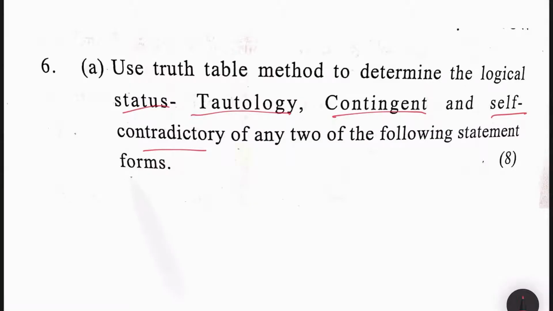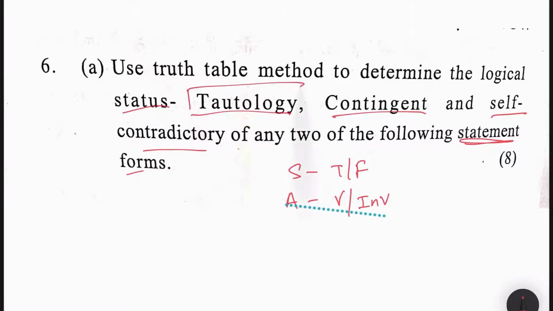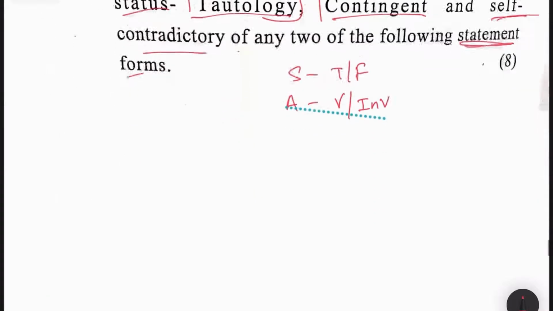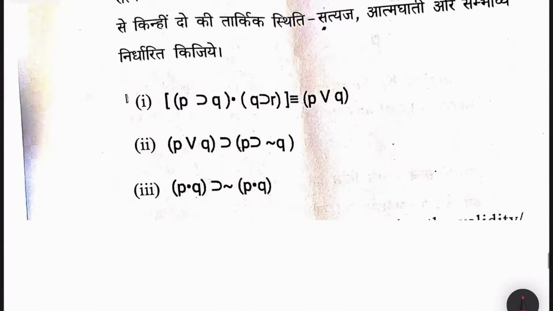So this follows for the statement forms. ये आपके statements true या false हो सकते हैं, but जो आपका argument है that should be valid or invalid. Now in this particular case, tautology में it should be true, contingent में true or false, and then self-contradictory में false आपका आता है.